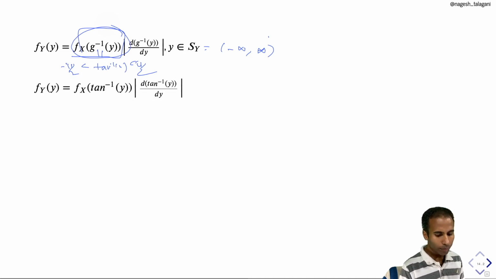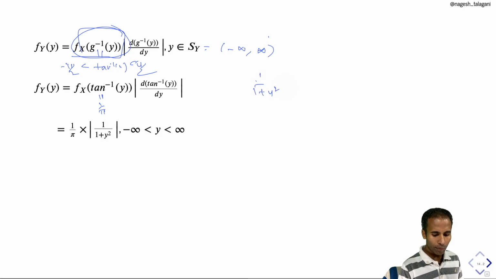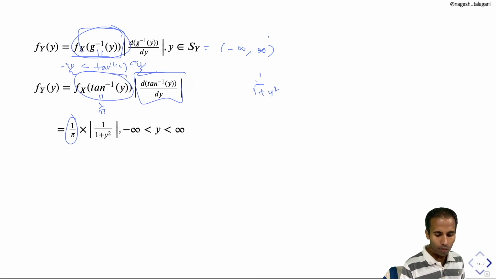So it's going to be 1 by pi. Then the derivative of tan inverse y with respect to y is going to be 1 by 1 plus y square.